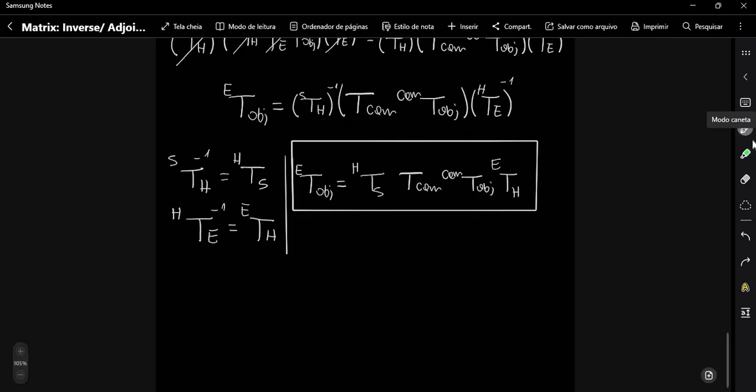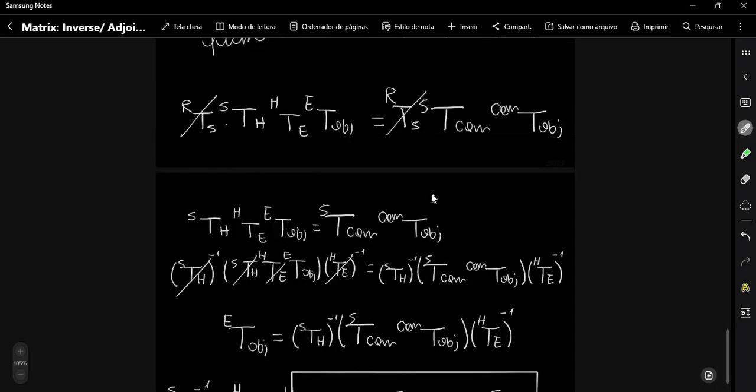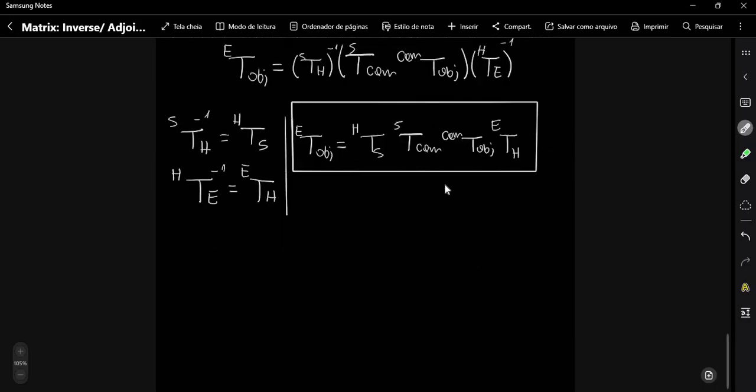Those two transformations are known. We know these two transformations, and we use this property to get rid of the superscript of these transformations.